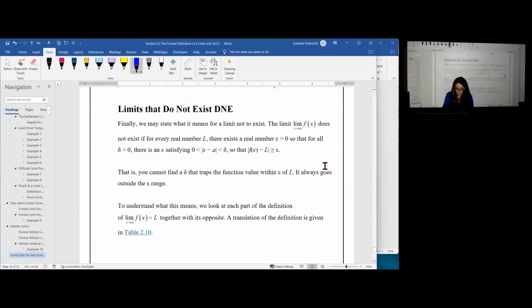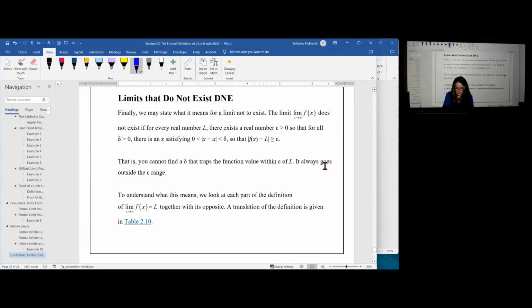Let's talk for just a moment about limits that do not exist. What does it mean for a limit not to exist? If the limit doesn't exist, it's the last part of the definition that changes. The rest of it stays pretty much the same.